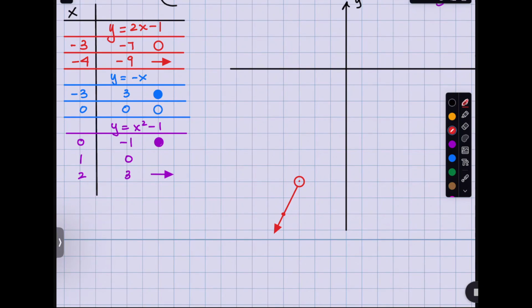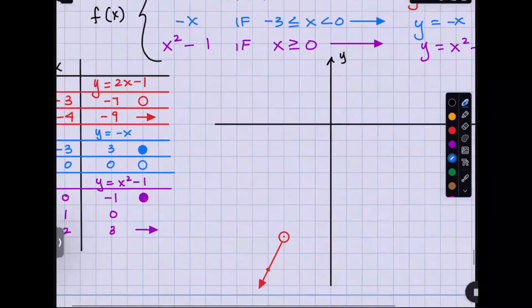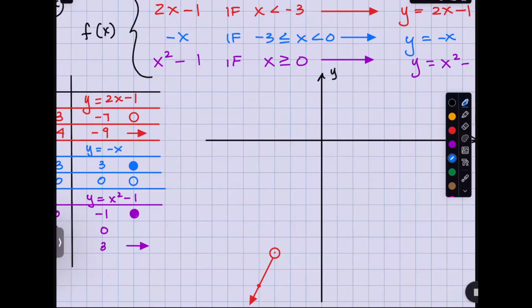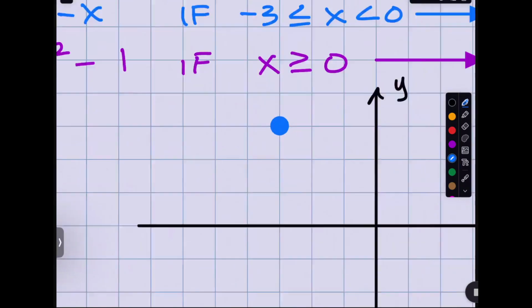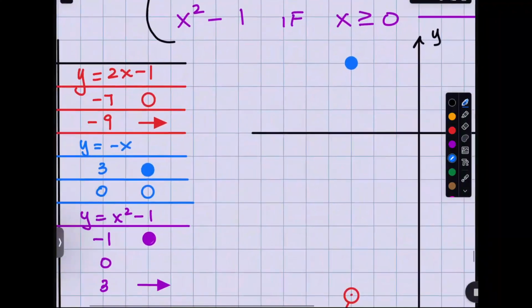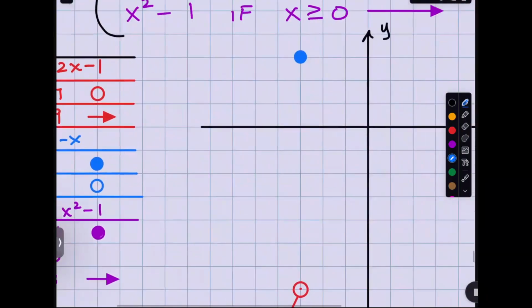I'm piecing together 3 different functions here. Blue. -3, 3, closed circle. Zero, 0, open circle.